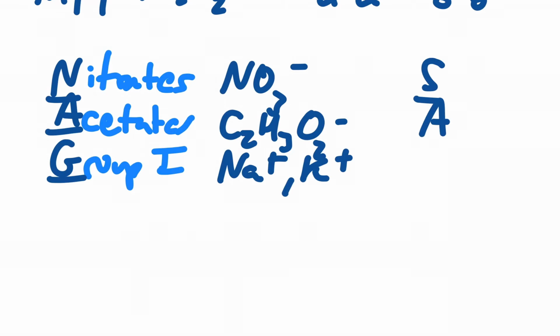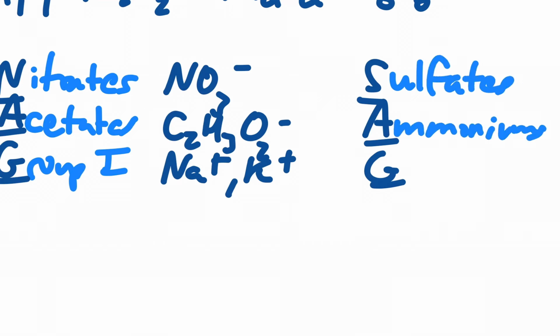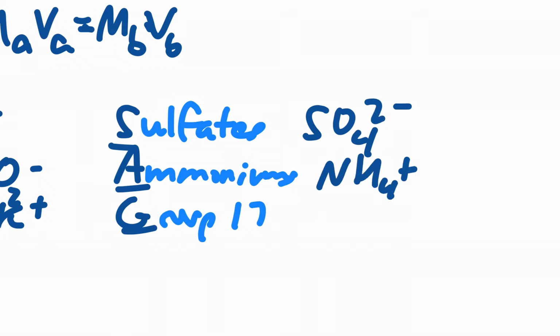The SAG, S-A-G, stands for sulfates, ammoniums, and group 17. So sulfates, if you've got an SO42-, usually soluble. Ammonium, NH4+, and group 17 halides: chlorides, bromides, iodides.